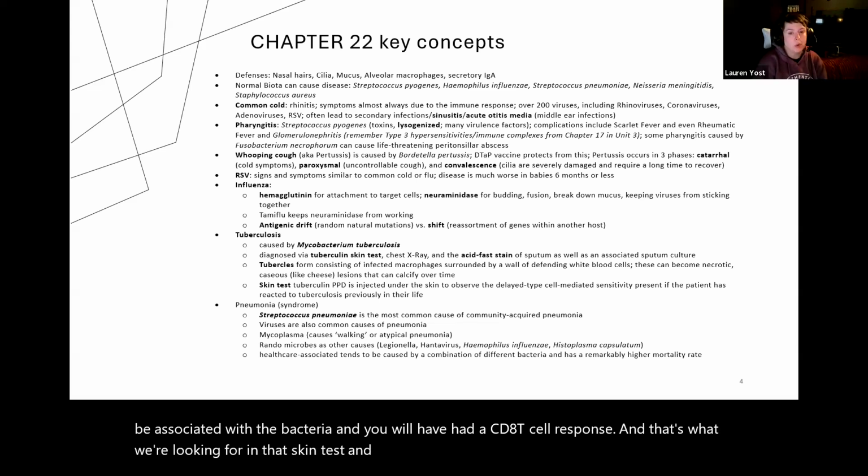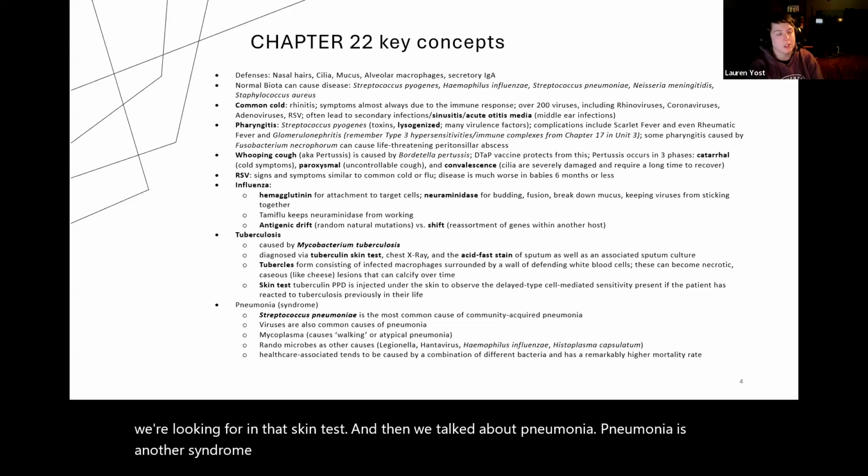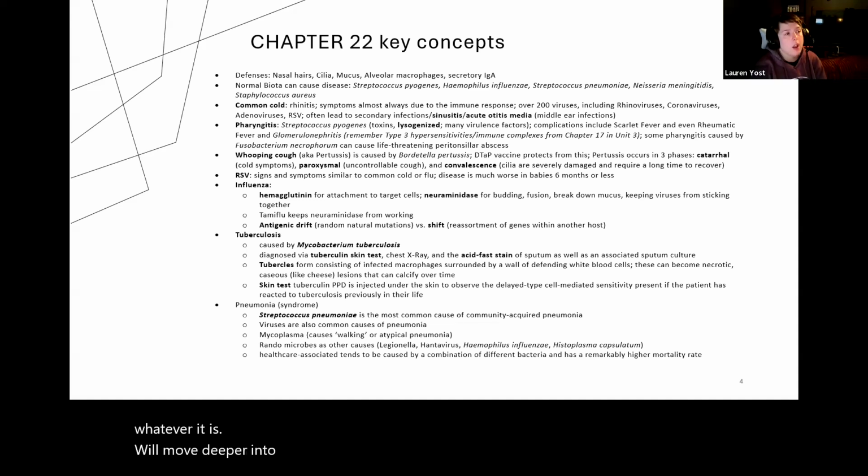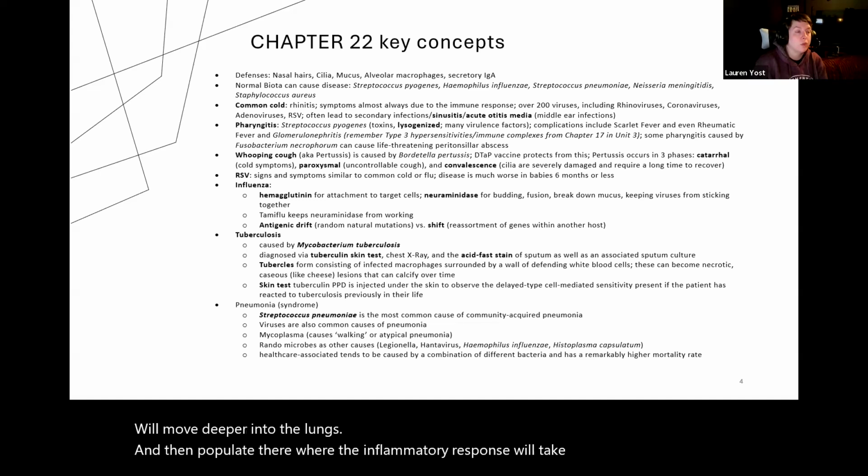And then we talked about pneumonia. Pneumonia is another syndrome because it is defined by the signs and symptoms. Again, usually it starts off with an upper respiratory tract infection, and then the causative agent, bacteria, virus, fungi, whatever it is, will move deeper into the lungs and populate there, where the inflammatory response will take place and cause fluid to move into the area along with the immune factors.